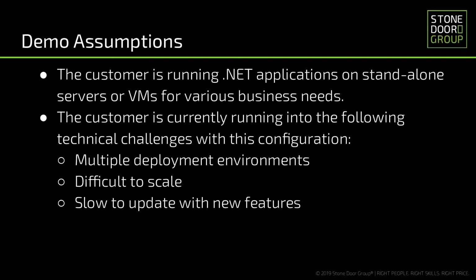So you might think, hey, this is always going to work on Windows 10, you deploy it on the next Windows 10 and all of a sudden it's broken, right? So multiple deployment environments is a huge challenge.